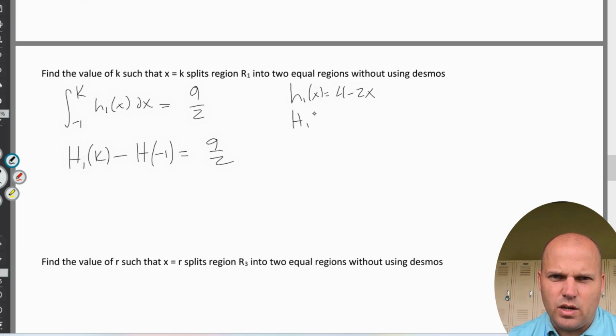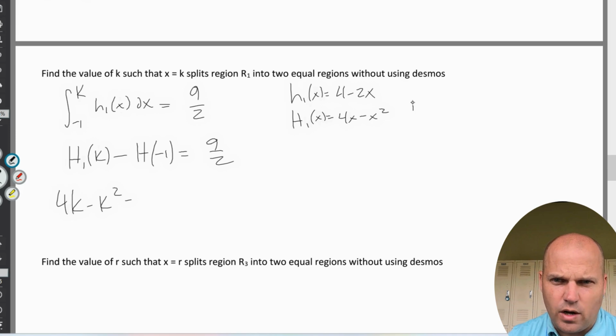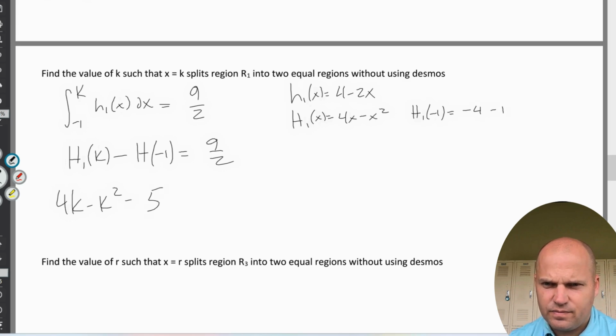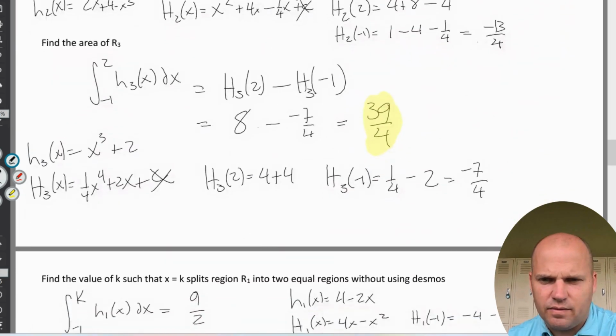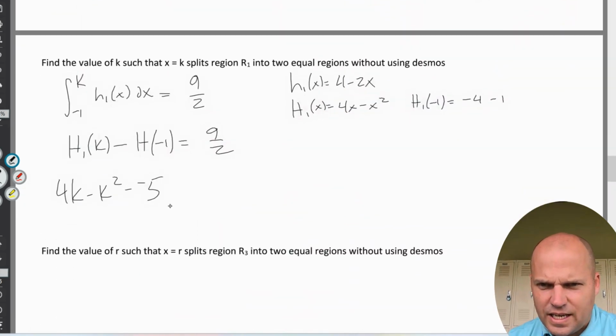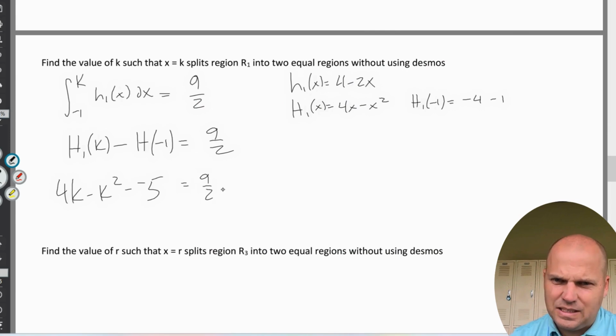So super H1 was 4x minus x squared. So if I do super H of k, it's 4k minus k squared minus super H of -1. I did this is -4 minus 1, which is -5. So I got minus -5. Yeah. This has to equal 9/2. I don't think I'm going to solve this.